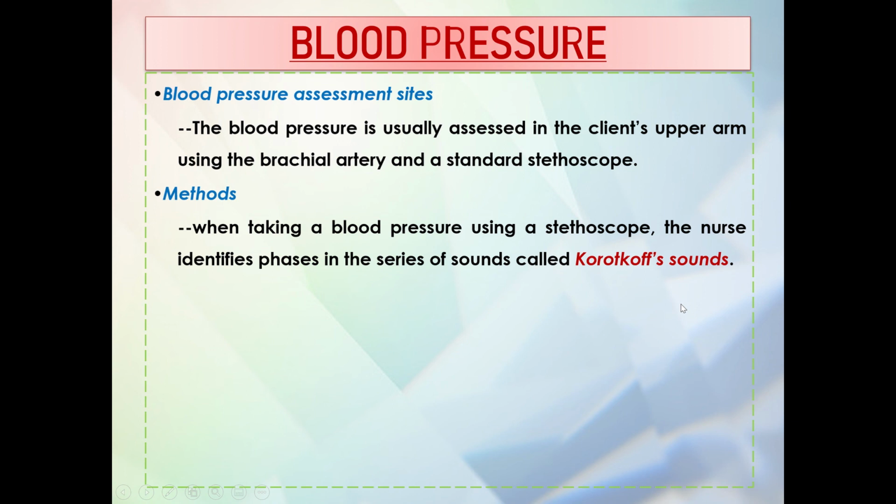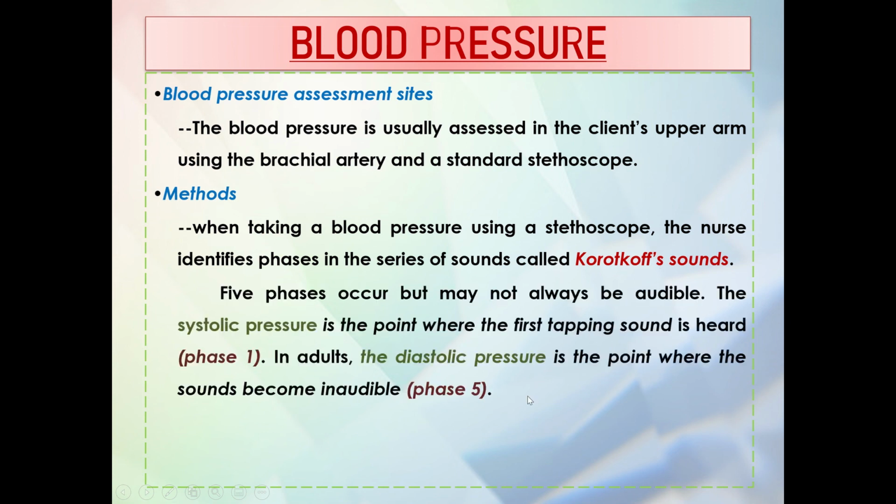So if we use a stethoscope, meron tayong maririnig na sounds when we take the blood pressure, and this is called the Korotkoff's sounds. There are 5 phases, but it may not always be audible. Pwede namang hindi lahat ng yon is audible when you take the patient's blood pressure.